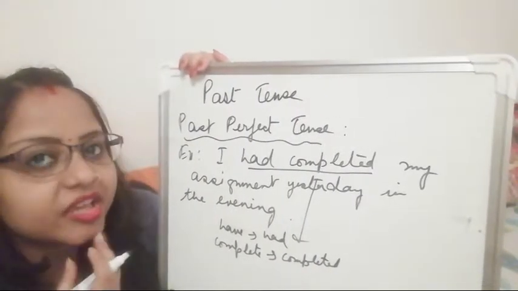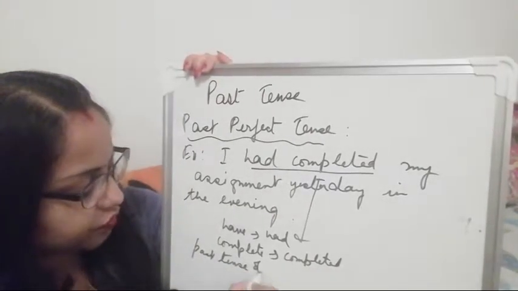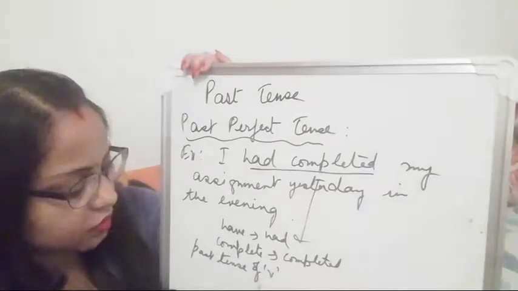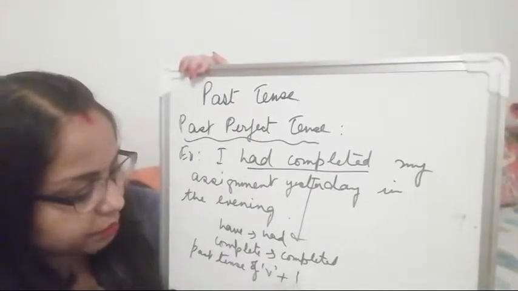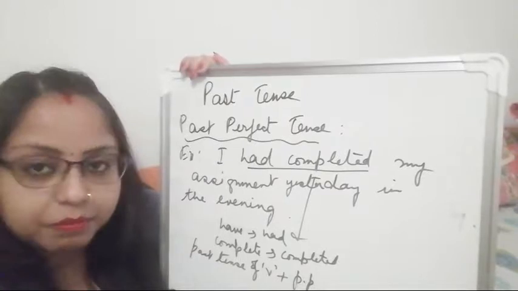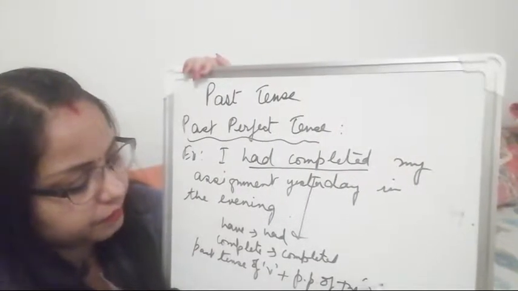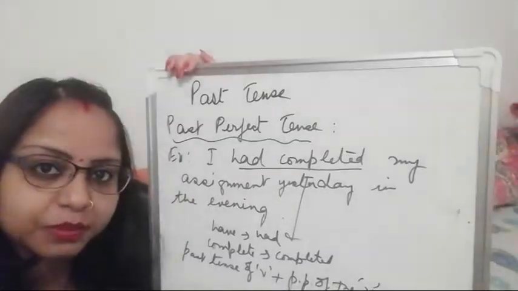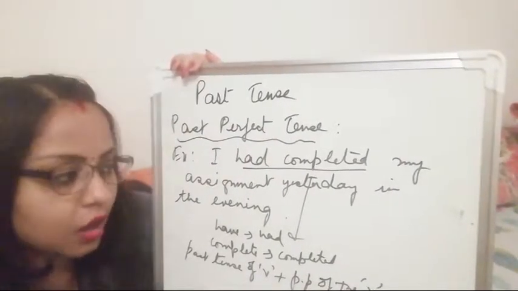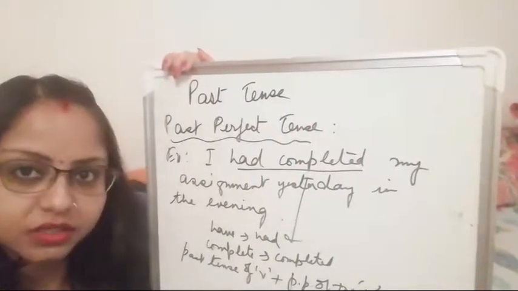So together they are giving past tense of verb we. I am quoting it as we. Plus past participle PP of the V. So past tense of the verb plus past participle of the main verb together give us past perfect tense.